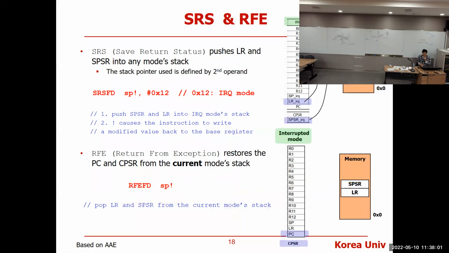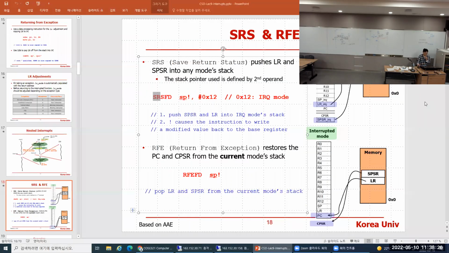So the SPSR and link register will be loaded from the stack into CPSR and program counter. So instead of using push and pop, we can use SRS and return from exception instruction shortcut. Okay.